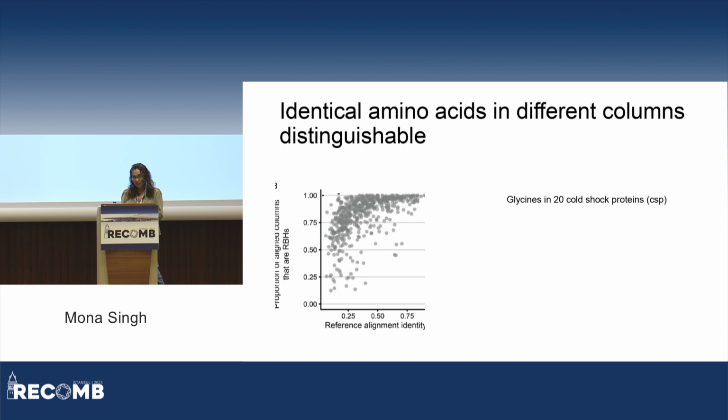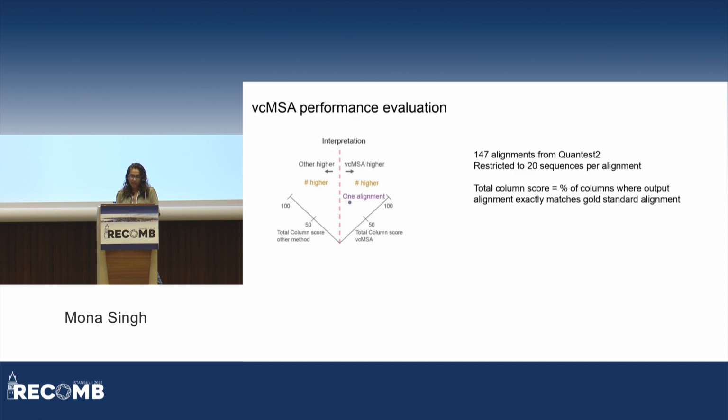On the x-axis, we have the gold standard alignment identity, and on the y-axis, we have the proportion of aligned columns in that gold standard that are reciprocal best hits. As alignment identity gets higher, this tends to go up. But interestingly, even at pretty low identities, for example 25% sequence identity, you have some cases where nearly all of the things in the alignment are reciprocal best hits.